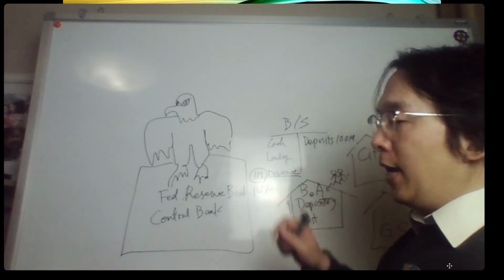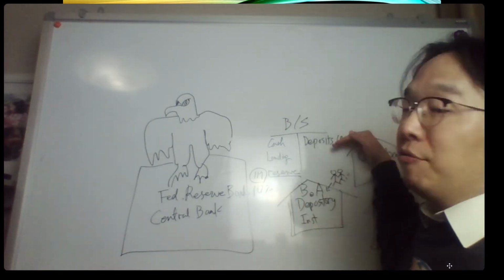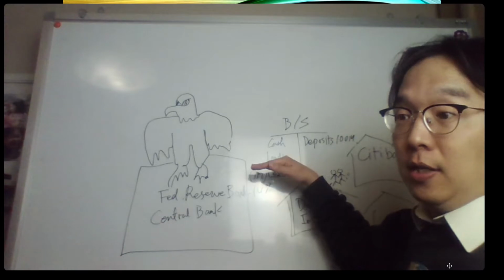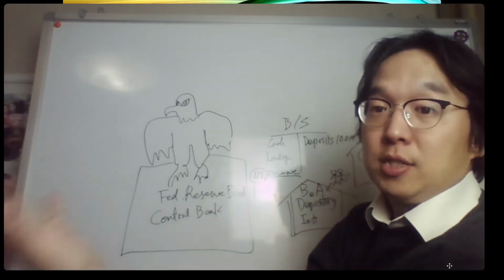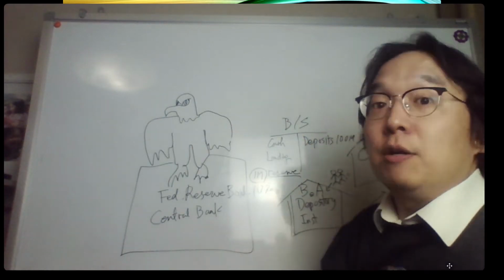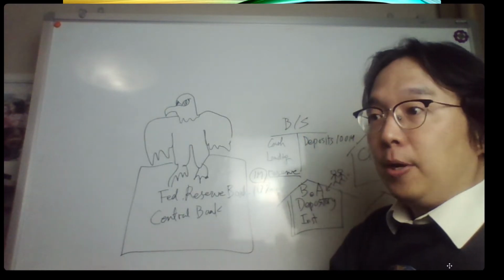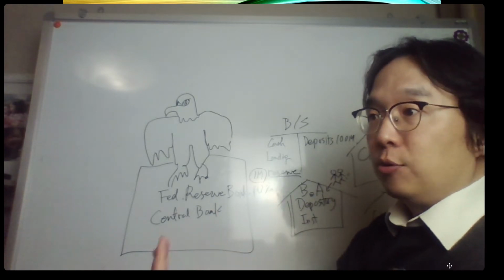Why? Because what if they exhaust all $100 million of deposits on corporate lending? You're going to receive that repayment 10 years down the road, but not immediately. So you'd have zero cash.